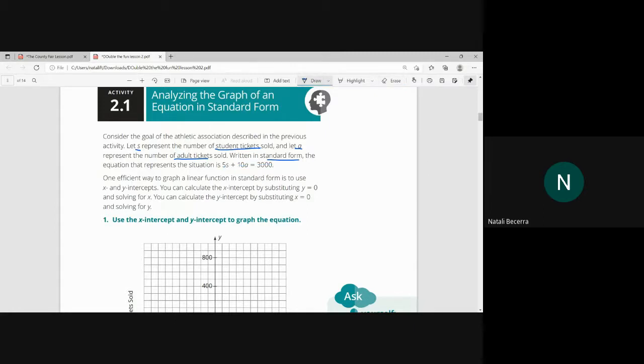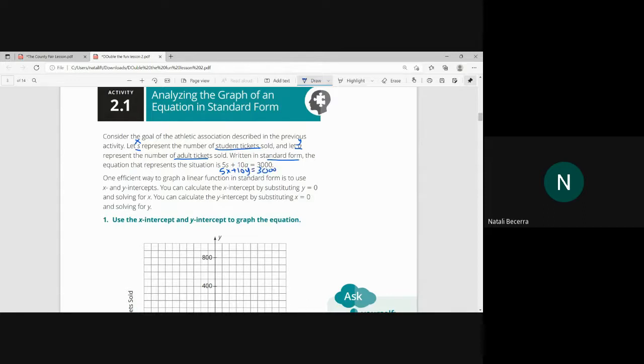I'm gonna replace the S and A with X and Y, just because I know a lot of you are more familiar with that, and the graph right below this is labeled as X and Y. So this is gonna be 5X plus 10Y equals 3,000.